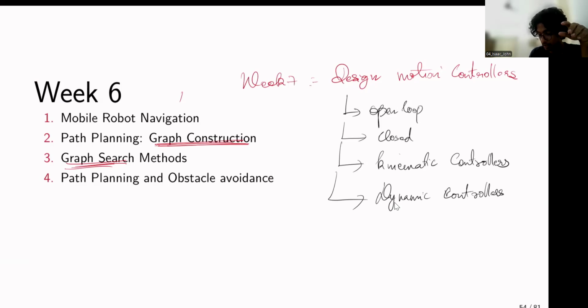We have seen open loop and closed loop examples of kinematic controllers, and also open loop and closed loop examples of dynamic controllers. If you want to see some sample problems, I would suggest you refer to the weekly tutorial examples on week 6 and week 7.